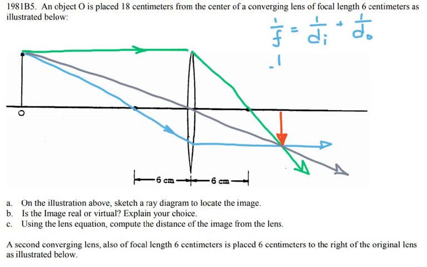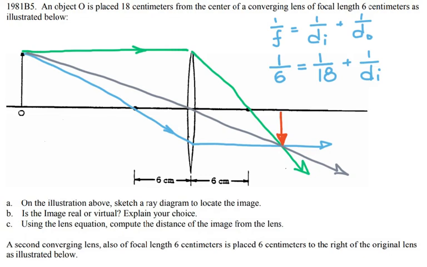I don't have to convert centimeters into meters here because my result is going to be in centimeters. So I have 1 over 6, and the object is placed 18 centimeters from the center of the lens, so the distance to the object is 18. I'm searching for the distance to the image.